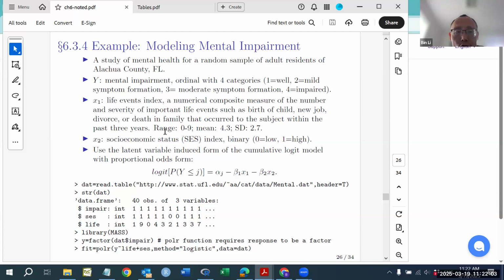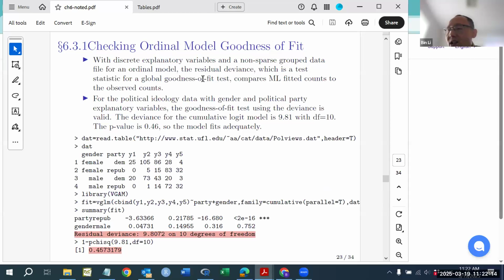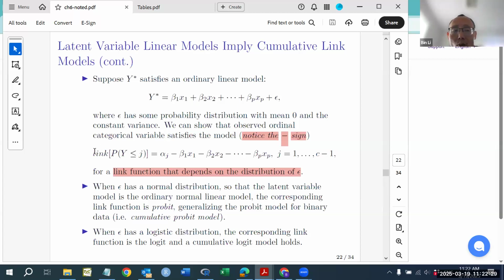Okay, so to fit the cumulative logit proportional odds model, we can do it in 2 ways. One way is to use the VGAM library. Okay, we can do it like that. And this is the model that gives you the coefficients and the summaries for the cumulative logit model.